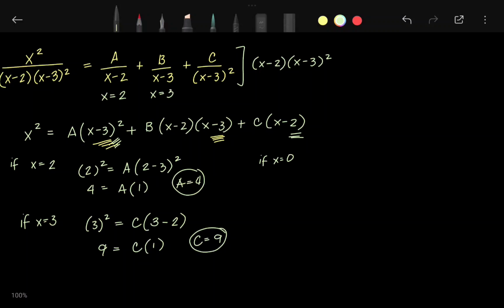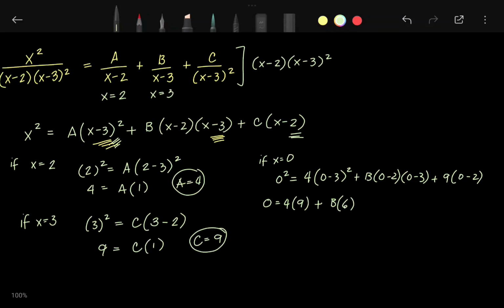So 0 squared equals, A is already solved, 4 times 0 minus 3 squared, plus B, which is what we are looking for, times 0 minus 3, plus C, already solved, 9 times 0 minus 2. So 4 times negative 3 squared, that's 9. 0 equals 4 times 9 plus B times negative 3, and 9 times negative 2.